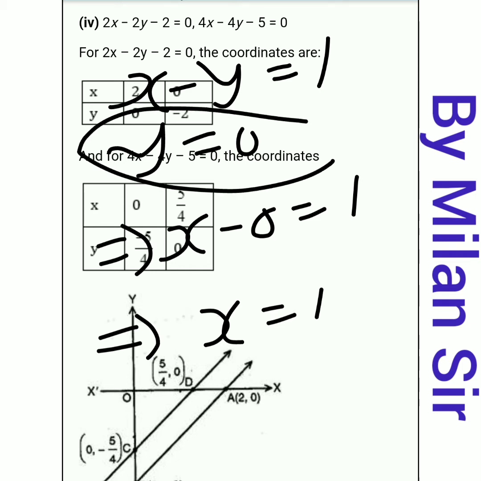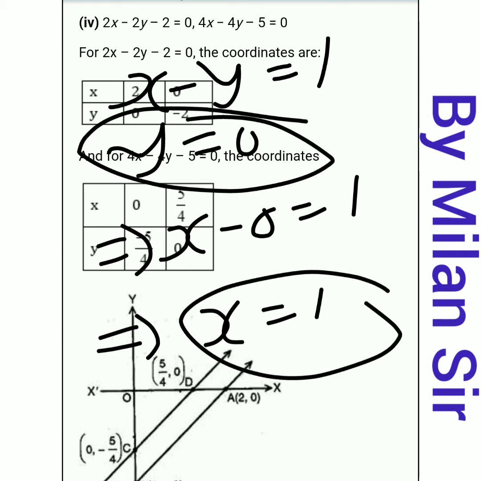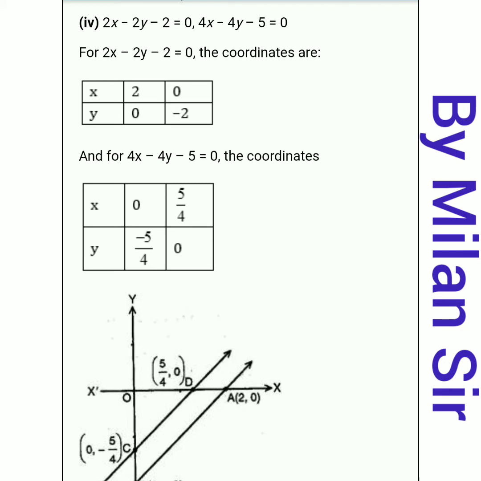If y is equal to 0, then x is equal to 1. So here our 2 points are ready: (0, minus 1) and (1, 0).